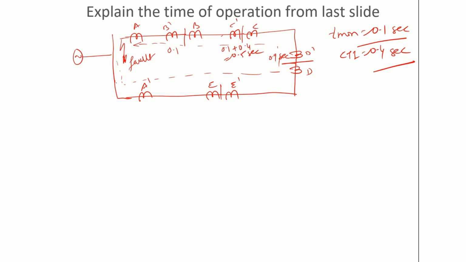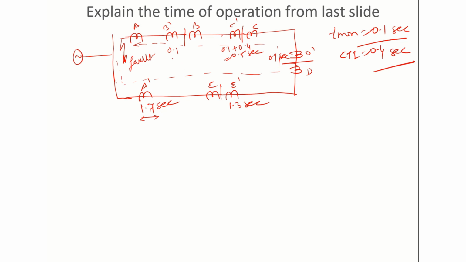If D dash doesn't clear the fault, then E dash should operate and clear the fault after 1.3, because 0.9 plus 0.4 is 1.3. If E dash fails to clear the fault, then finally A dash will trip and it should clear the fault. I have already discussed in the last slide or the one before that the relay which is closer to the source should be non-directional. So A dash should be non-directional with time of operation 1.7 second.